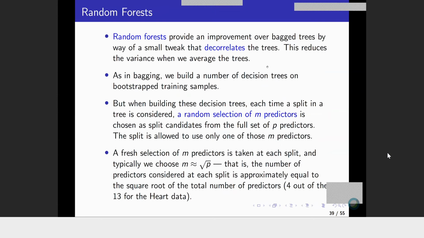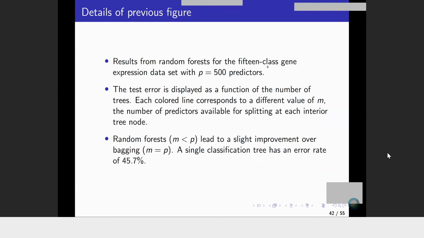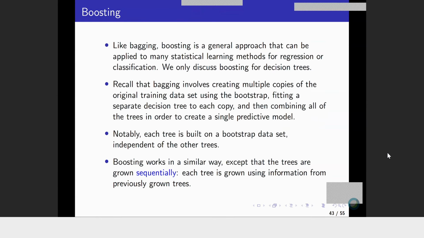Then we can take a look at the last method, boosting. This is for boosting, just like bagging. It is a general approach that can be applied to many statistical learning methods for regression or classification. Here we only discuss boosting for regression decision trees.